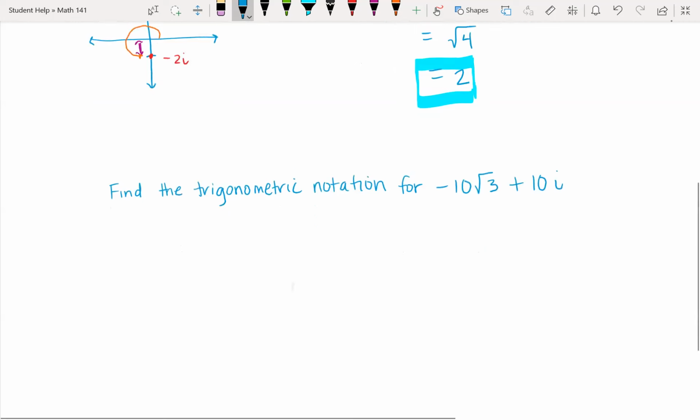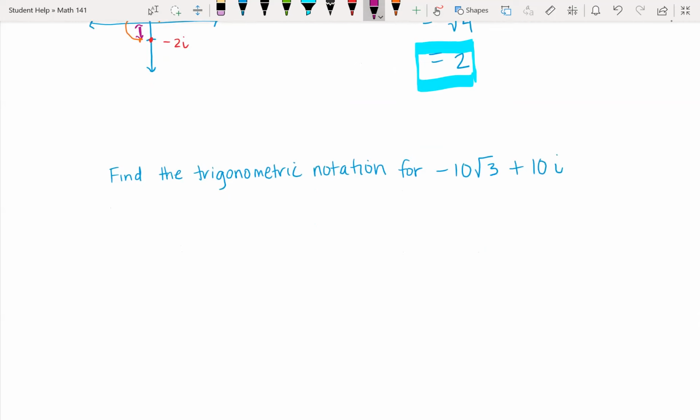Now there are a couple of formulas that we're going to use to change back and forth. We're trying to get to something that looks like this: r times cosine theta plus i sine theta. r is the absolute value, or the length of the vector.